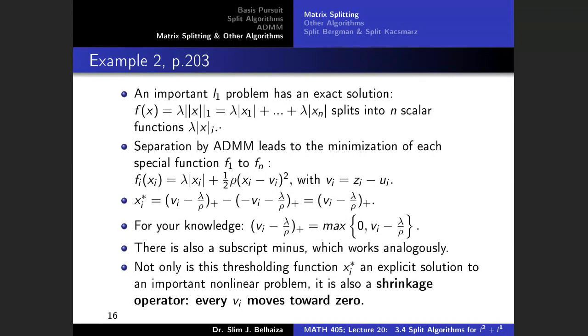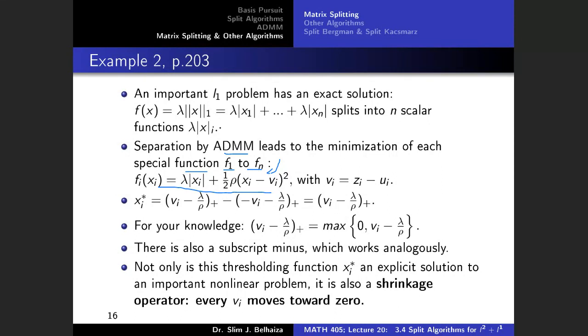The separation by the ADMM leads to the minimization of each special function f1 to fn into this form. You're just adding this quadratic term, rho times xi minus vi, where vi is just zi minus ui.